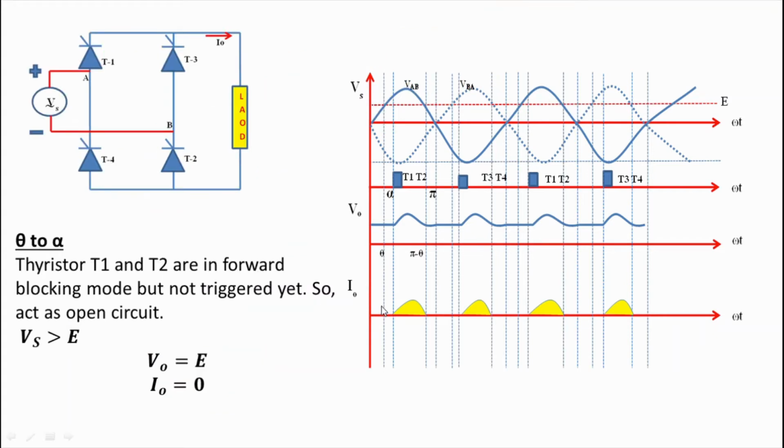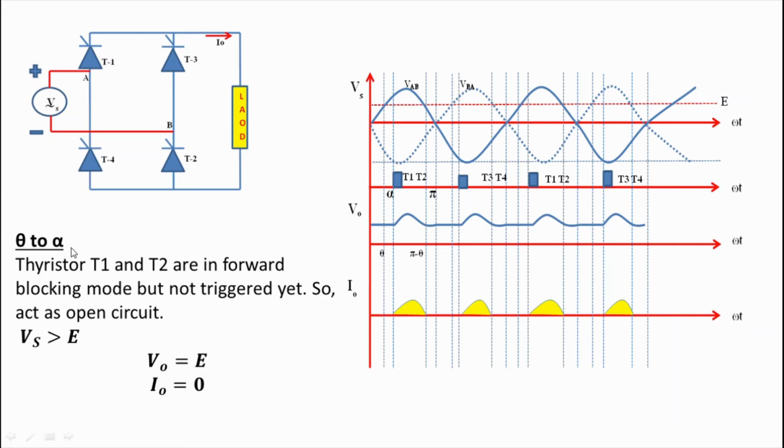Now we will see the operation from theta to alpha. Now at omega t equal to theta, EMF E is equal to the source voltage. But from theta to alpha, these thyristors T1 and T2 will continue to remain in off state.